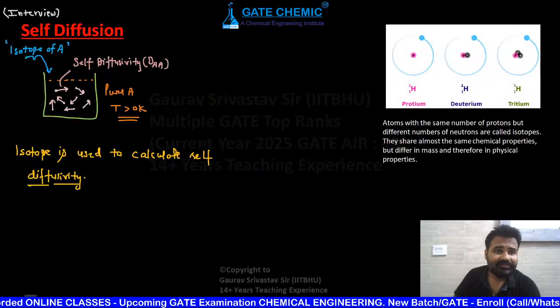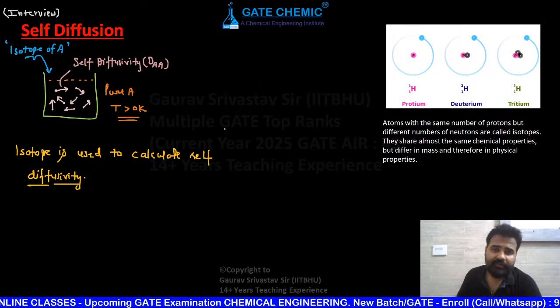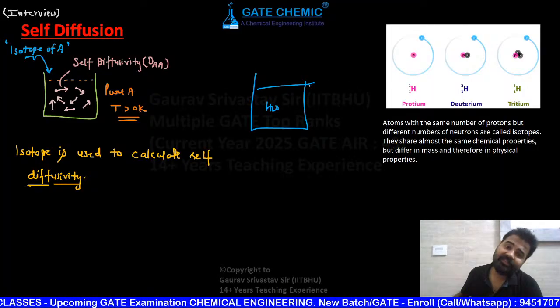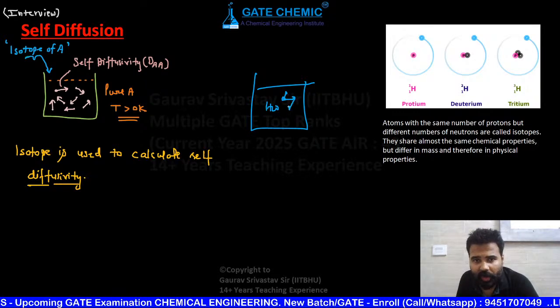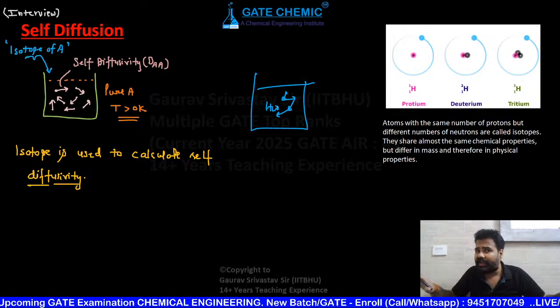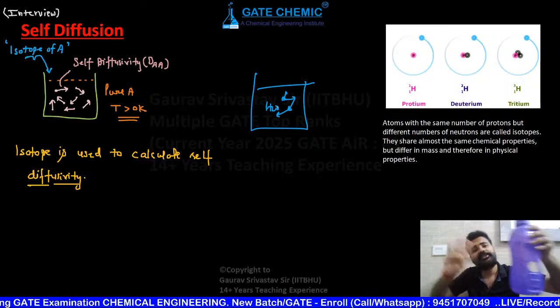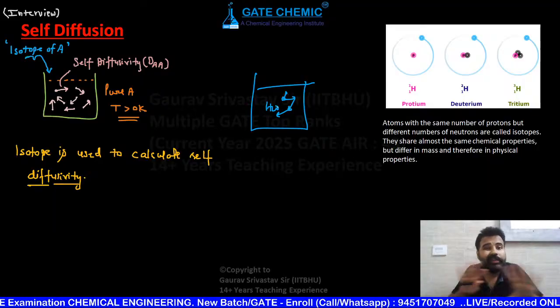Now next is self diffusion. अब ये self diffusion क्या है? Self diffusion means if this is a bit of water, H2O, then inside water clearly molecules are not stationary. आपने बोतल में ये पानी रखा हुआ है, this water is stationary, but still the molecules of water are not stationary.